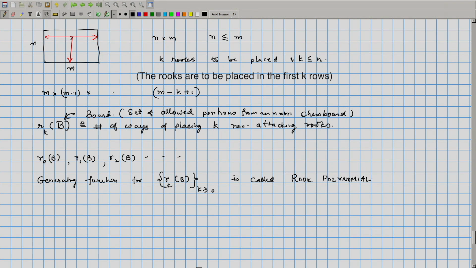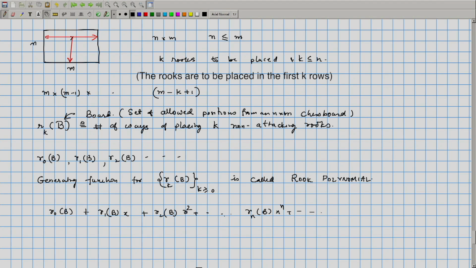Look at the number of ways of placing k rooks on a board B. If you vary k, you will get a sequence, and the generating function of that sequence, namely R0b plus R1b times x plus R2b times x square and so on, up to Rnb times x raised to n, is called the Rook polynomial.